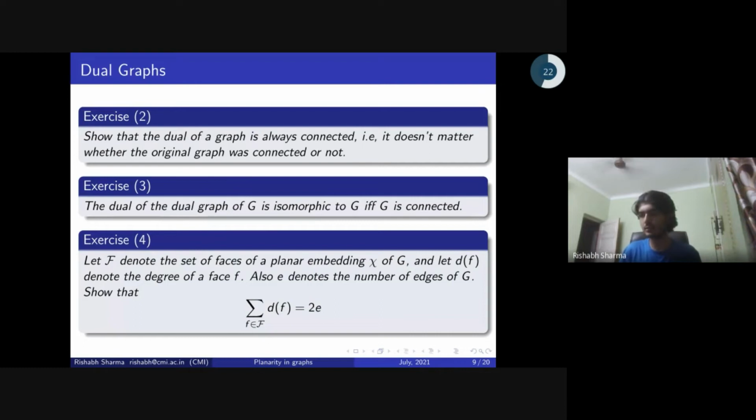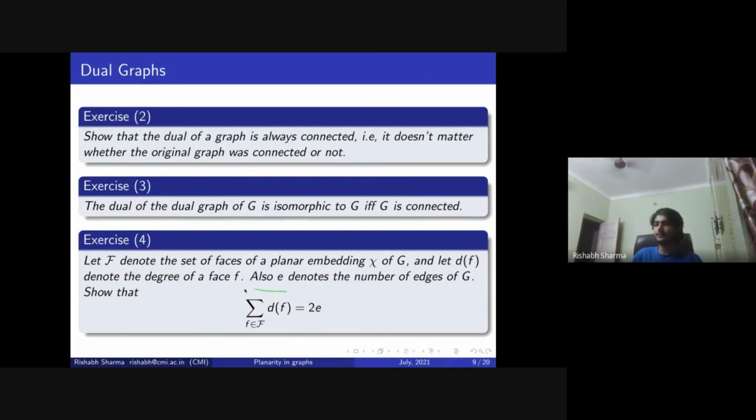Okay, let's move on. This is an important result we will use later to prove Euler's formula. The result says that suppose I take a graph and a planar embedding of it, and for every face, I take their degrees and add all these degrees up.